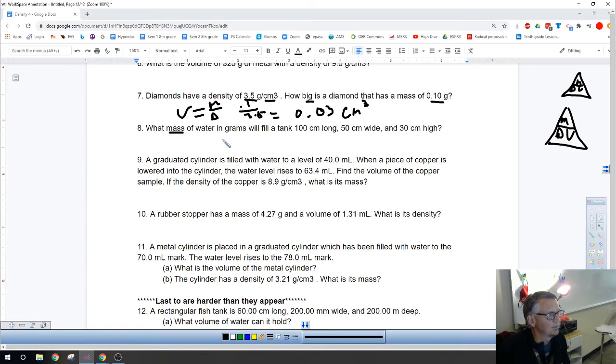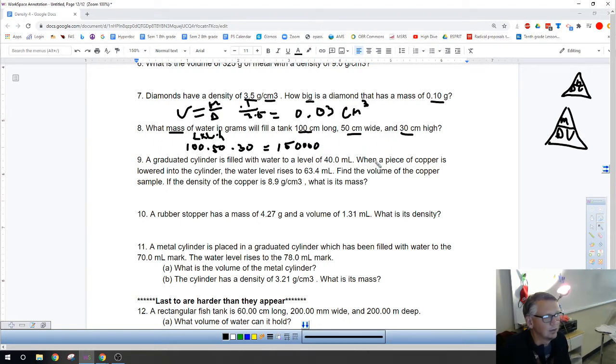What is the mass of water in grams that will fill a tank 100 centimeters by 50 centimeters by 30 centimeters? And they're all in centimeters, so we can multiply that out, length times width times height, or 100 times 50 times 30. And if we multiply that out, 3 times 5 is 15, and we have 4 zeros.